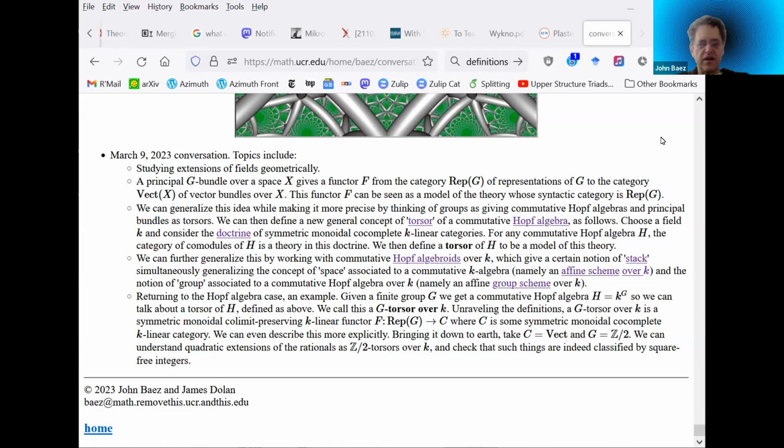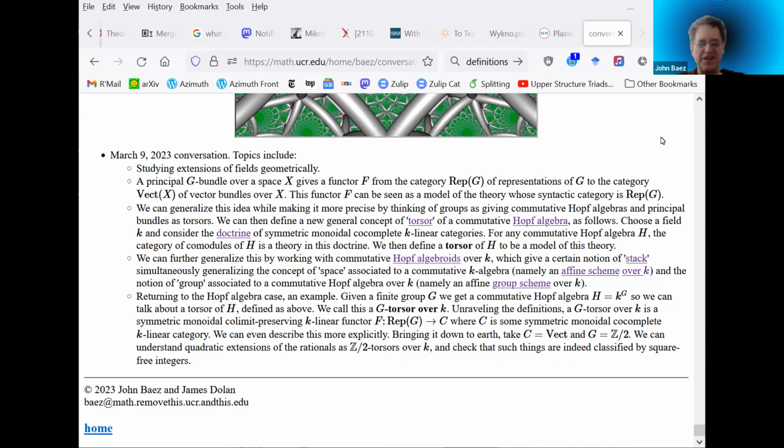And what I didn't do in this little summary is unravel that systematically, perhaps in the case when C is Vect, for example. But I believe that if you do unravel what that means, you get something nice.